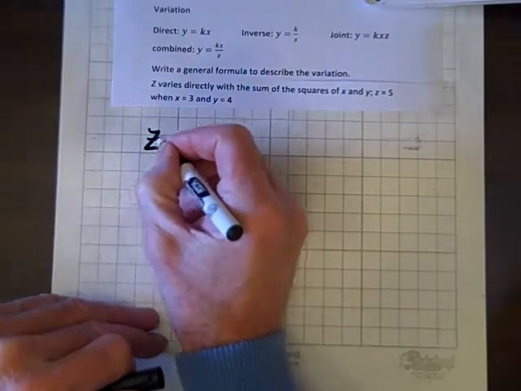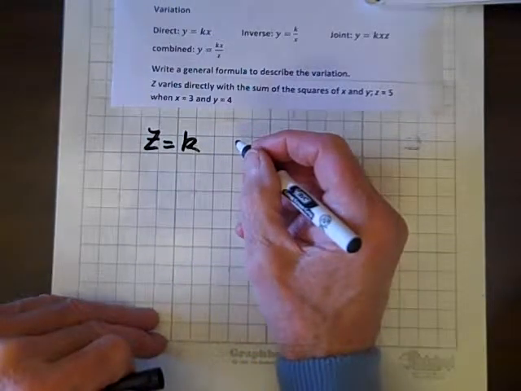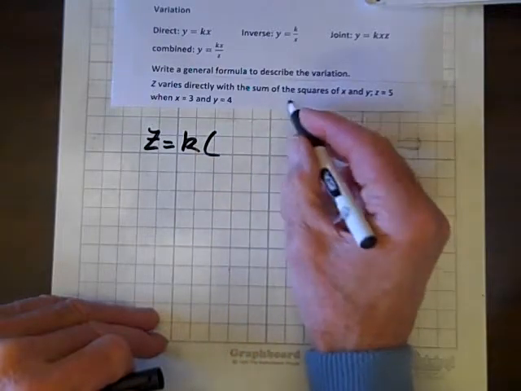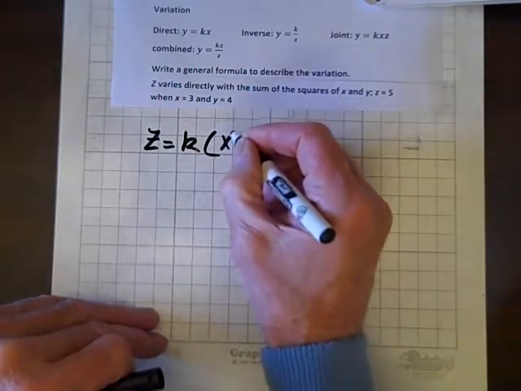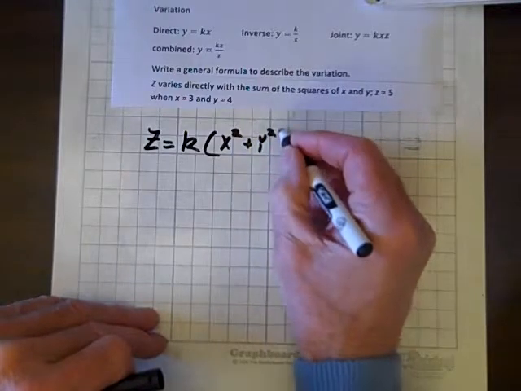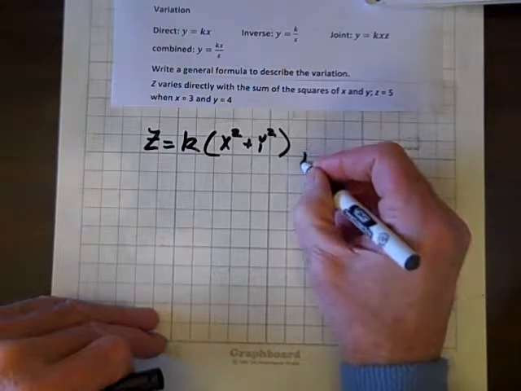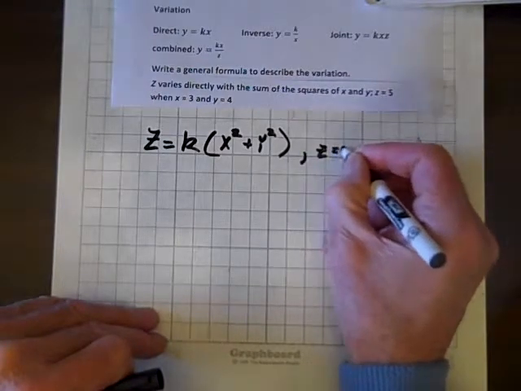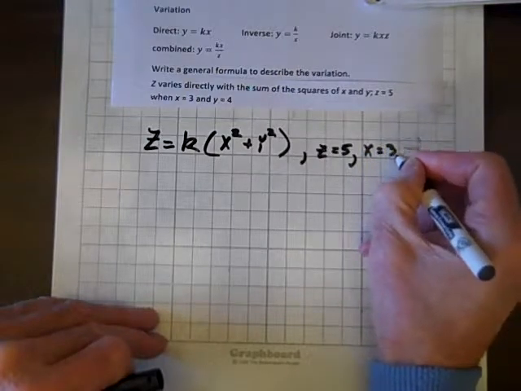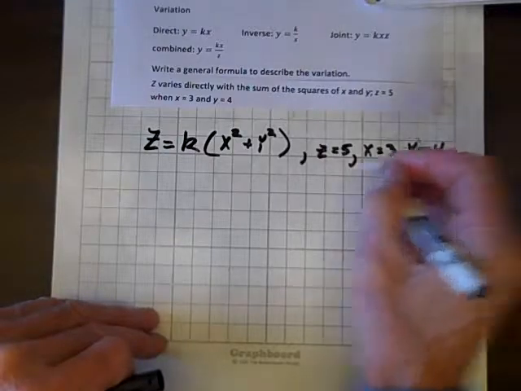So z equals k, the constant of proportionality, times the sum of the squares of x and y, x squared plus y squared. And they also told us that z equals 5 when x equals 3 and y equals 4.